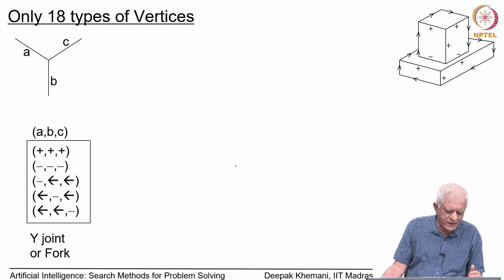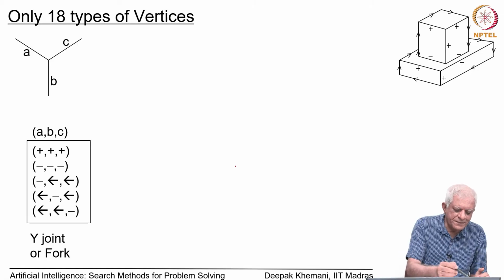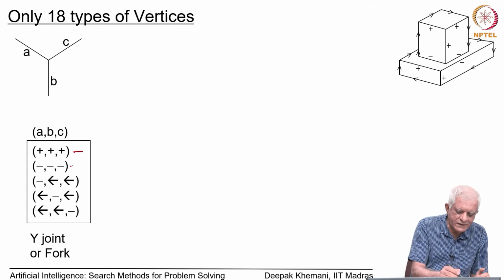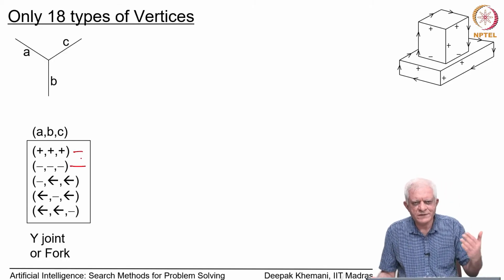One is called the Y joint or the fork, because the 3 edges look, as you see on the top, like a fork, and the 3 edges are labeled A, B and C, and they can be labeled in only these ways essentially. So, either all 3 can be plus as seen here, or all 3 can be minus. That is the example that we just saw in the last slide, either a cube or the corner of a room from inside.